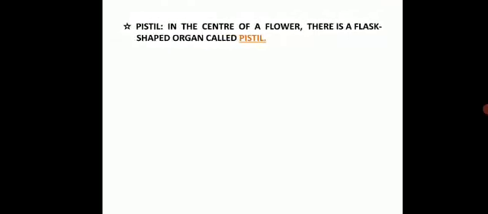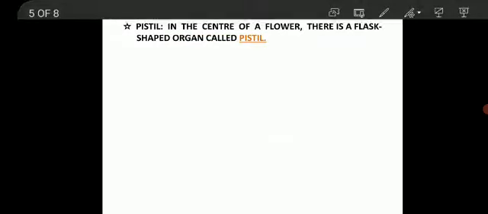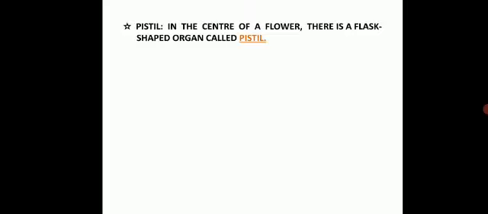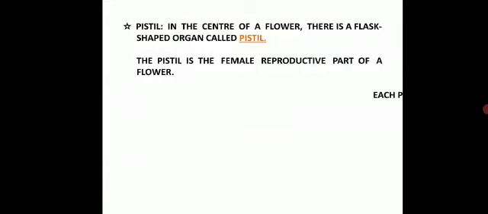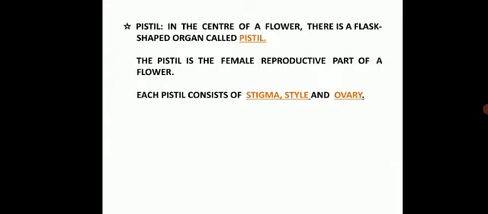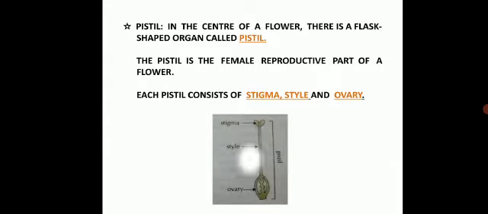The pistil is the female reproductive part of a flower. Each pistil consists of stigma, style and ovary. Stigma receives the pollen grains from the anthers. These pollen grains are carried to the ovary through style.